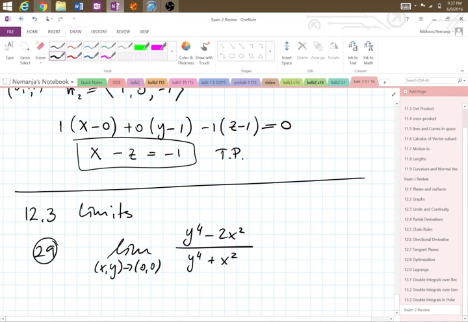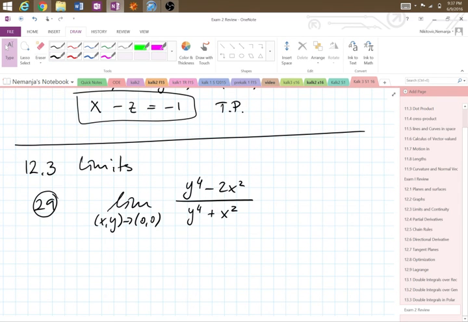We are supposed to find, you first plug in 0, you see it's 0 over 0, so this might be a candidate for limit does not exist. So now we are supposed to find two different paths that will give us different limits. If two different paths give us different limits, that means the limit does not exist.